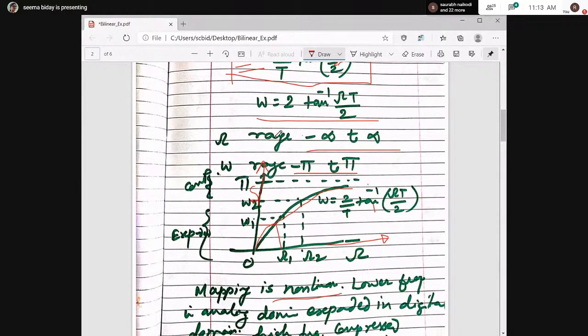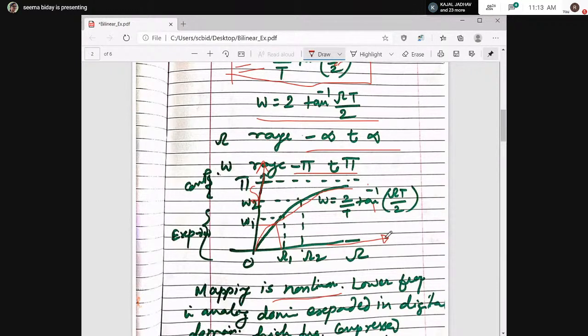But since, in the conversion of analog frequency to digital frequency, we have derived this equation, w equal to 2 tan inverse Omega T by 2, and if you plot this same function, we can see this type of curve, which is non-linear, and you see the mapping w to pi.